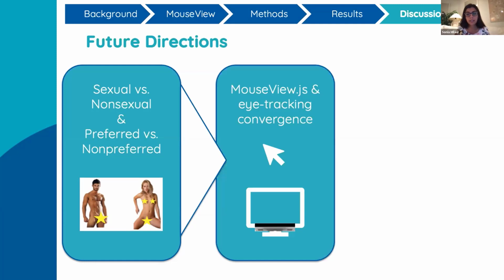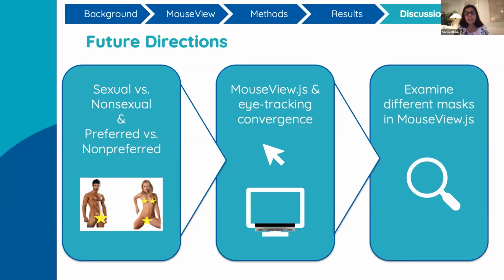We also plan to conduct an in-laboratory eye tracking, COVID permitting, to look at MouseView and eye tracking convergence. And we are going to be doing this within samples. So the same participants that participate in MouseView will be invited to participate in an in-lab eye tracking as well.